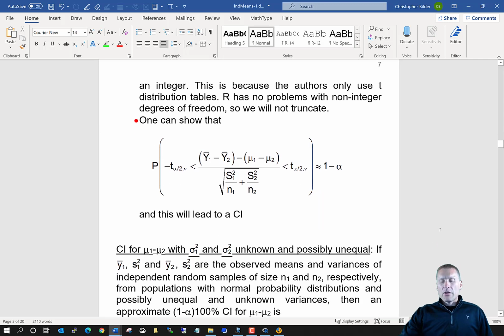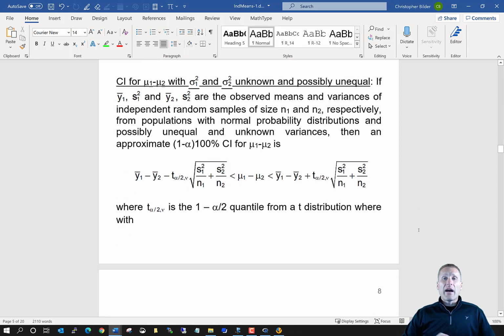Okay, since our quantity here, T, is a random variable, we can find appropriate quantiles from our t distribution, put them on either side of this capital T, and we now know a probability associated with this quantity. It's approximately 1 minus alpha, just like what we saw for a confidence interval for one mean. With that, we can finally get to the confidence interval that we're going to use.